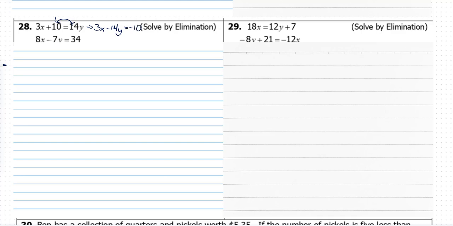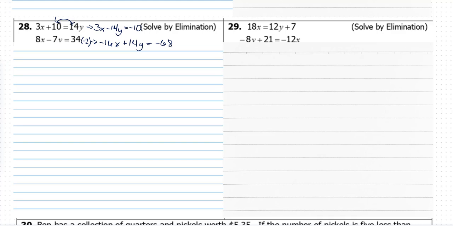And so when I'm looking here, I see that I have a negative 7y here. If I multiply that second equation by negative 2, it's going to give me a positive 14y, which will be able to cancel. So that gives me negative 16x plus 14y is equal to negative 68.